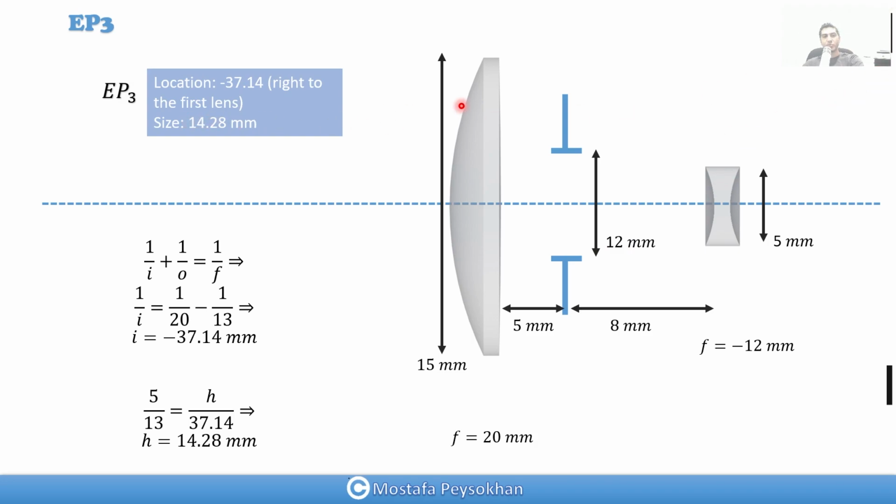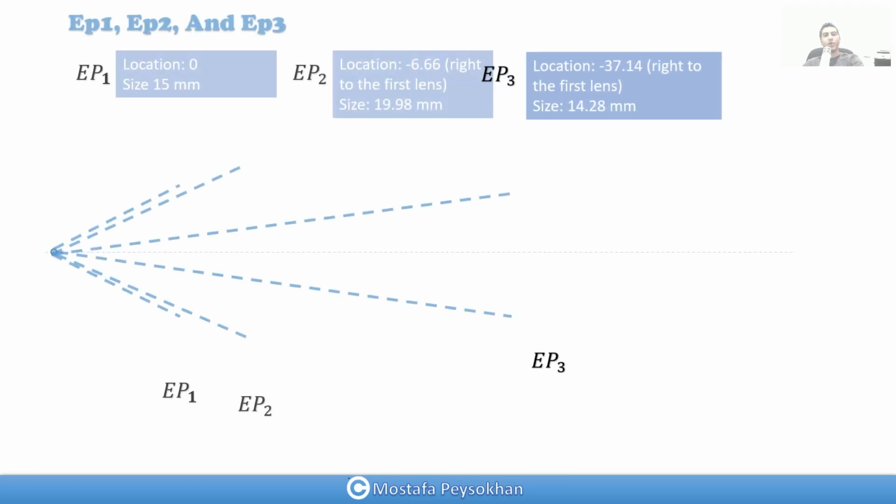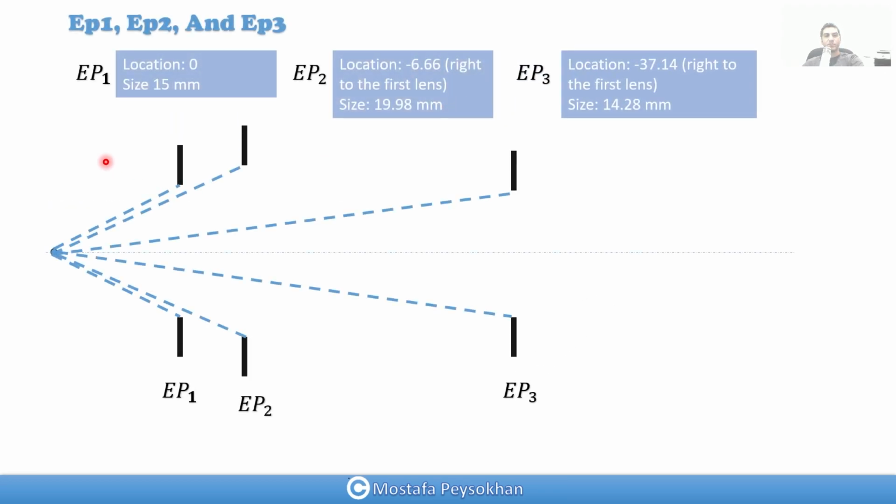So we have entrance pupil 1, entrance pupil 2, entrance pupil 3. Now let's look at all of them together. Entrance pupil 1, location 0, height 15. Now 6.6 millimeter after that, we have entrance pupil 2. The height is a little bit bigger than 15, so it's a little bit wider.